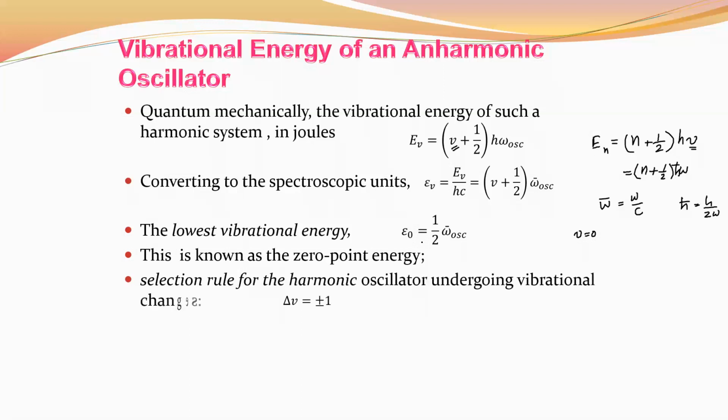The selection rule for a harmonic oscillator undergoing vibrational change is delta v is equal to plus or minus 1. That is the selection rule for the harmonic oscillator.